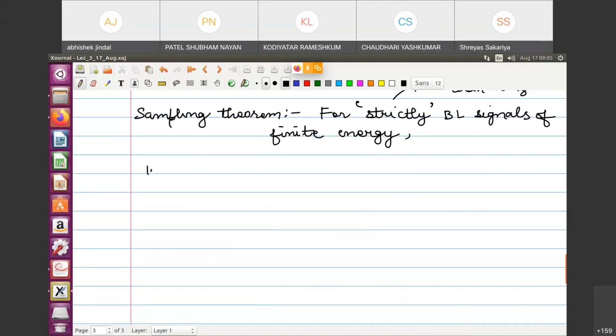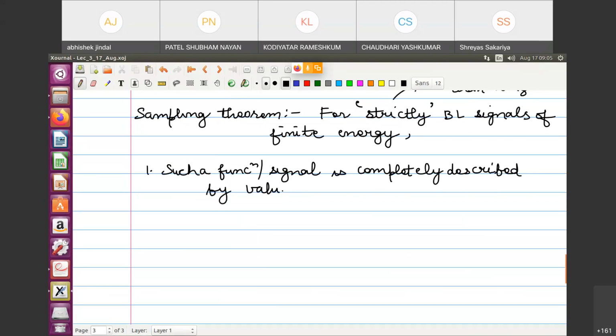So one way is such a function slash signal is completely described by values separated in time by 1/2W seconds.